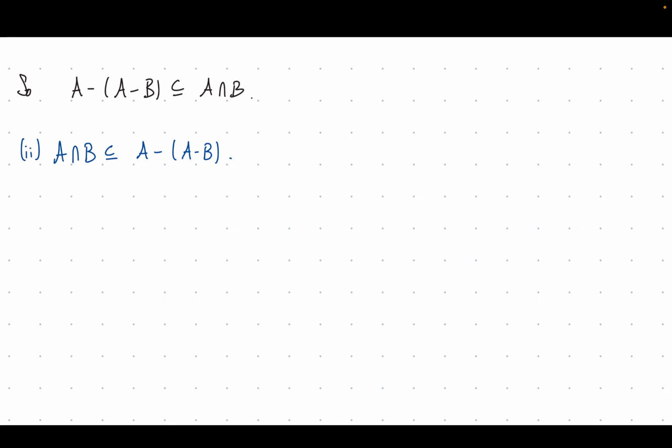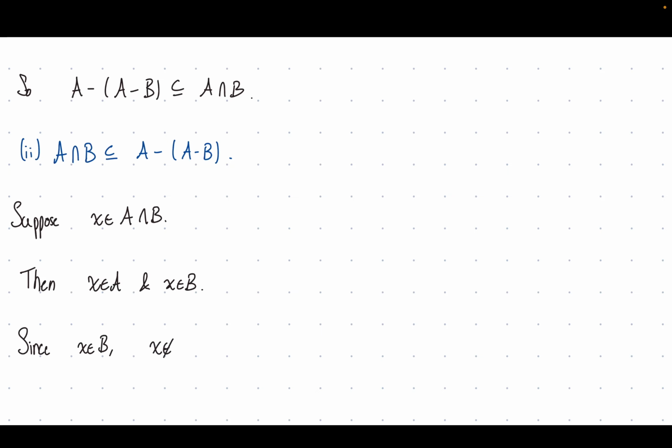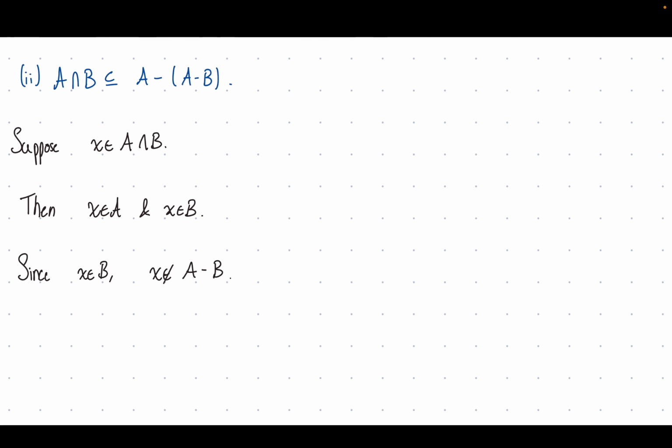Right. So let's suppose that x is in A intersect B. Then x is in A and x is in B. So, or rather, since x is in B, x is not in A minus B. So, x is in A and x is not in A minus B. So, x has to be in the difference of these two sets.